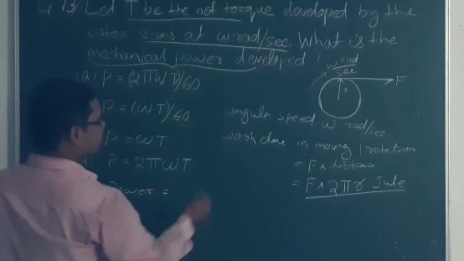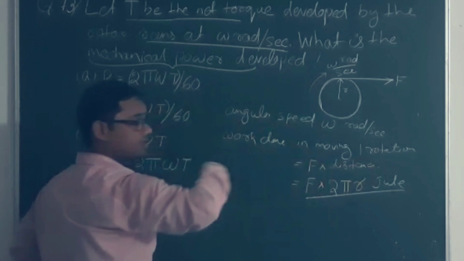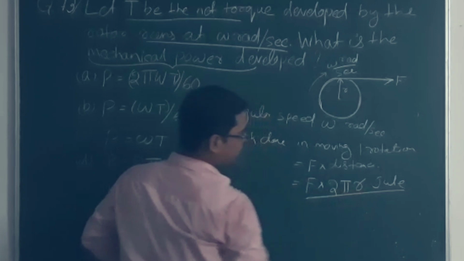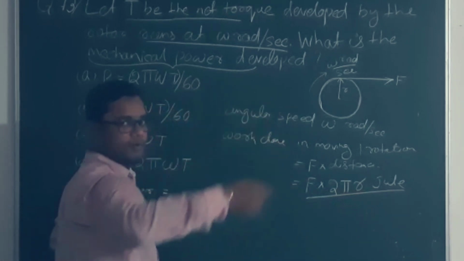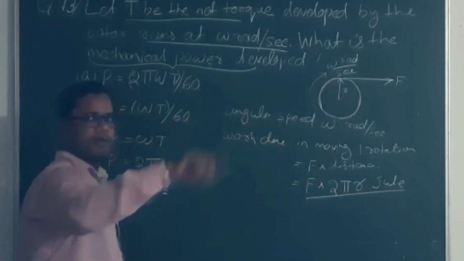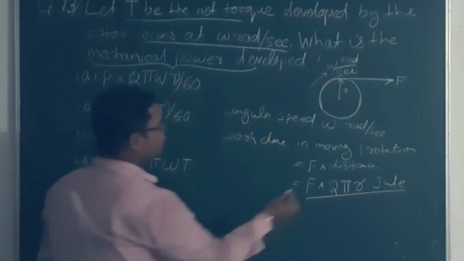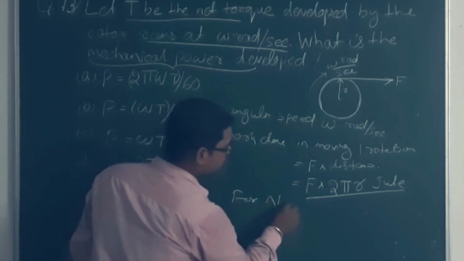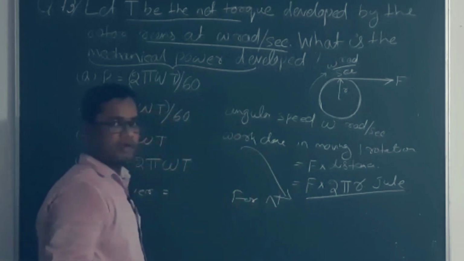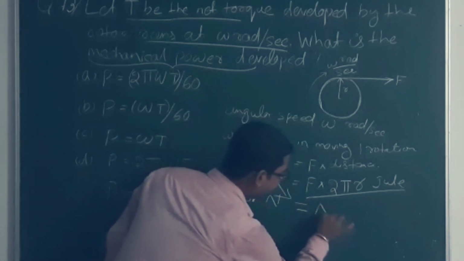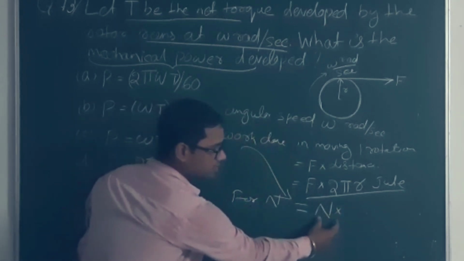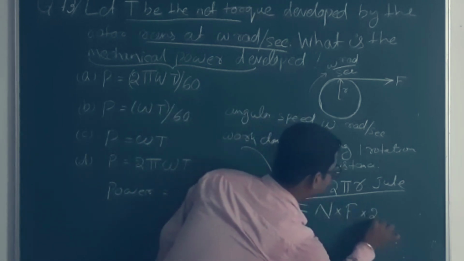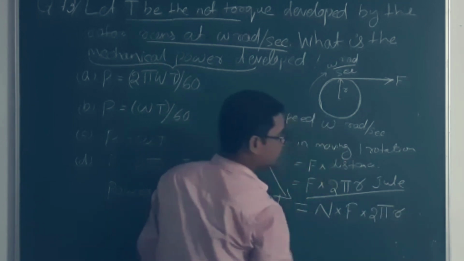For one rotation, the work done is F into 2 pi R. If it rotates for n number of rotations, the work done will be n into F into 2 pi R joule.